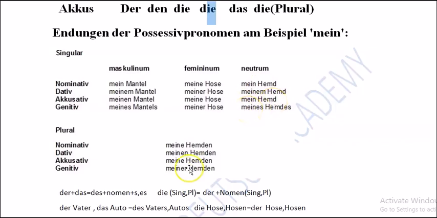In genitive, according to this rule, we are bringing changes. So das is changed to des, so we write meines. And Hemd, it is a noun, then at the end we are adding es. So meines Hemdes.